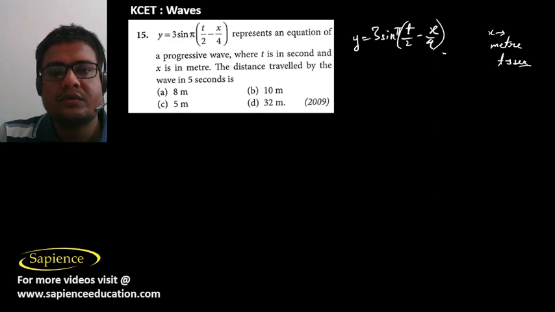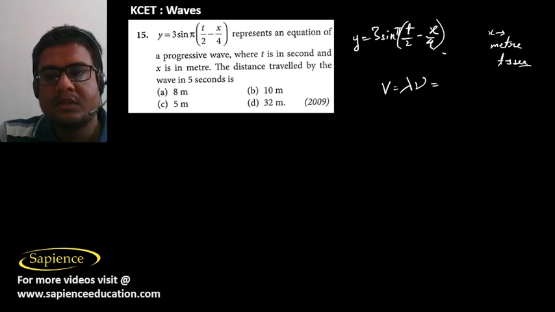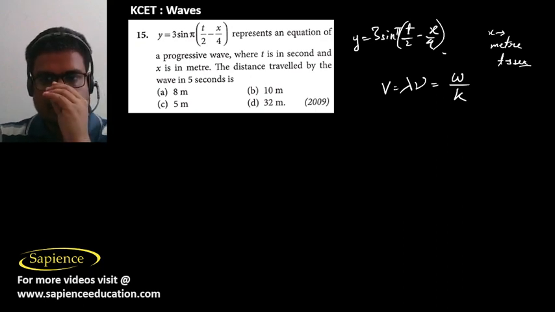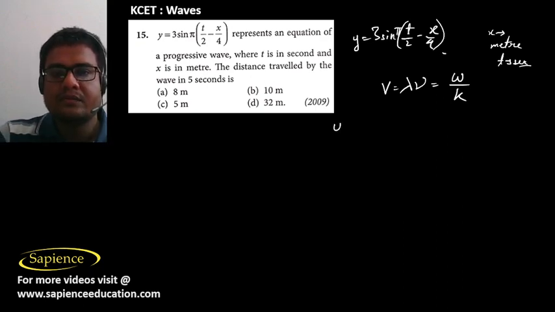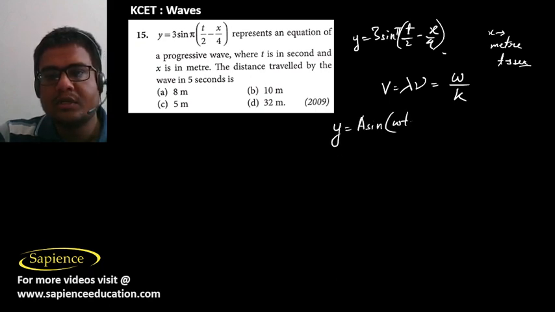So first we have to find the speed of the wave. The speed of the wave is wavelength into frequency, that is, we can say it is equal to omega by k. If the equation of a progressive wave is of the form a sine (omega t minus kx), then omega is called the angular frequency and k is the angular wave number of the wave.